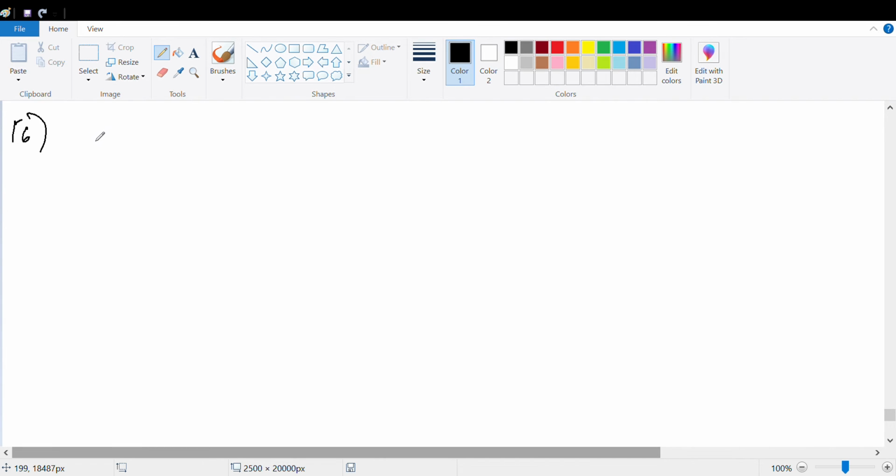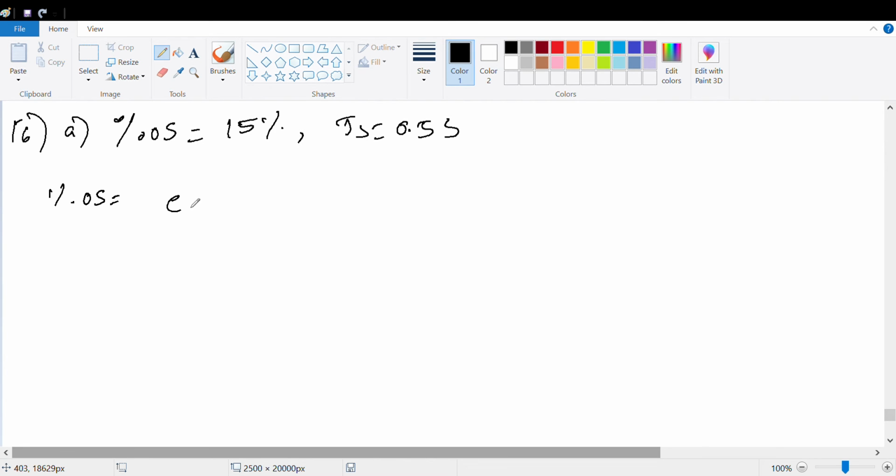Find the location of poles of a second order system with the following specifications. Percentage OS is 15% and TS is 0.5 second. We know percentage OS is exponential power minus zeta pi by square root of 1 minus zeta square.